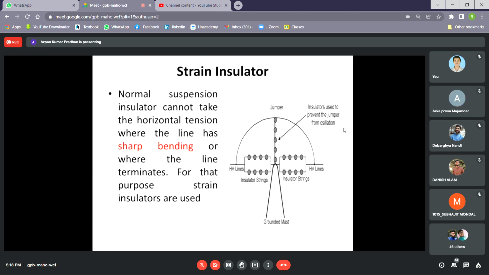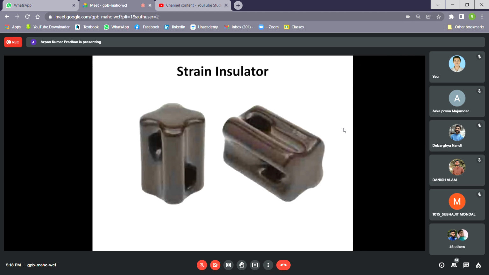So from the figure, the HV line is coming here. Now there is a sharp bend, and the HV line is going out from that tower. So in that case, we can use strain insulators. Okay. So the actual figure of the strain insulator looks like that. So you can understand, this is the strain insulator.